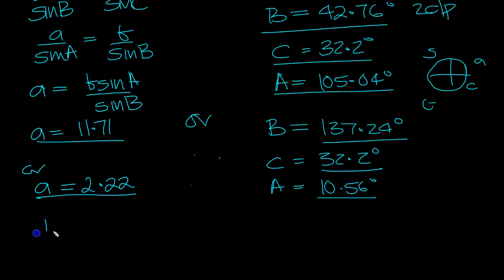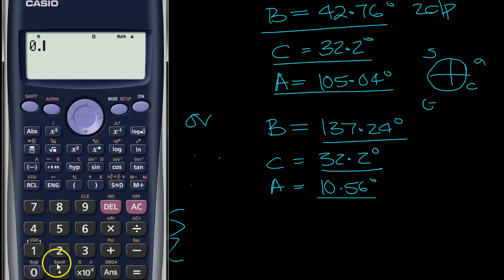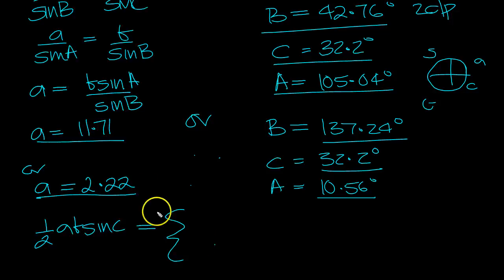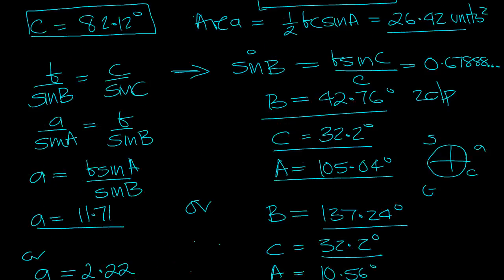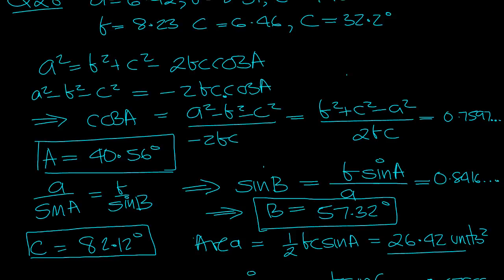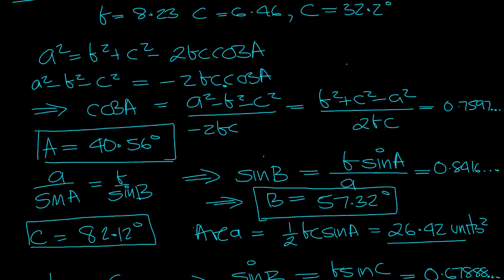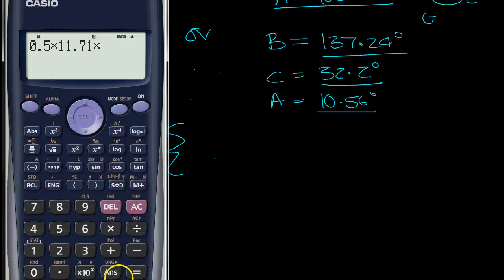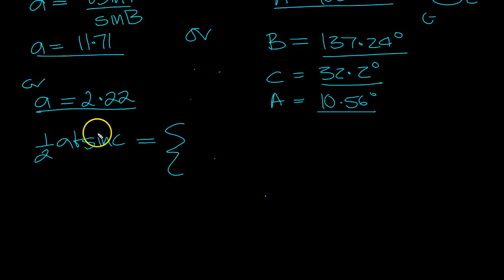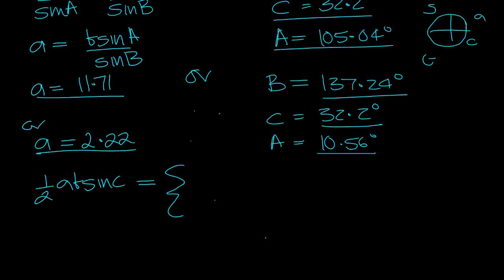The areas? Okay, so it's half AB sine C is equal to, I'll put the two alternatives here, half times A, so it's 0.5 times the 11.71 times B, which is the B side, 8.23, times sine C. Now, we've got to be careful what side we got with what, didn't we?